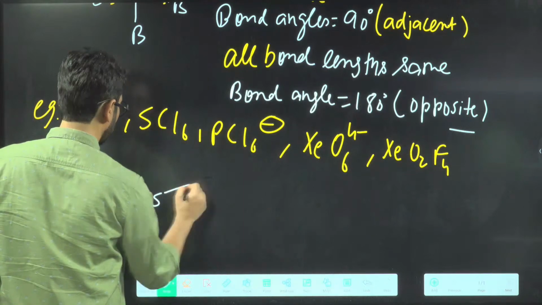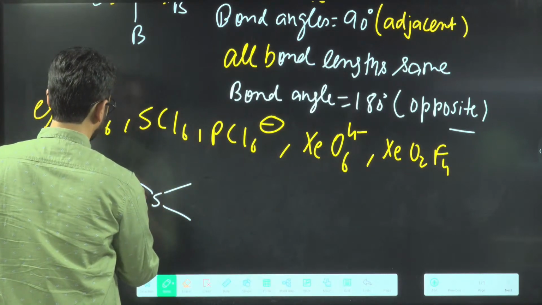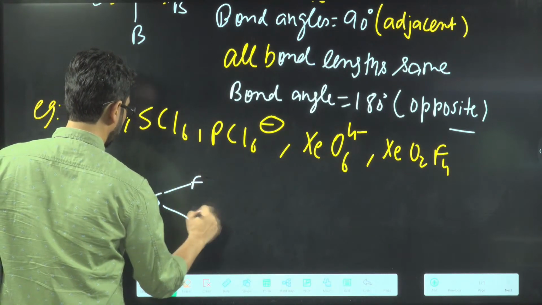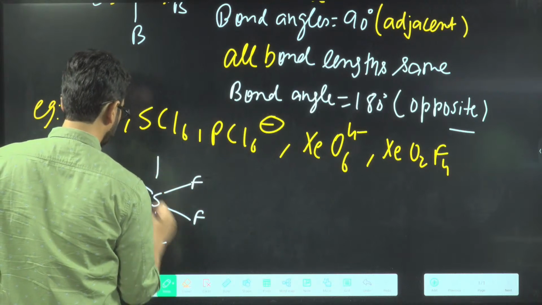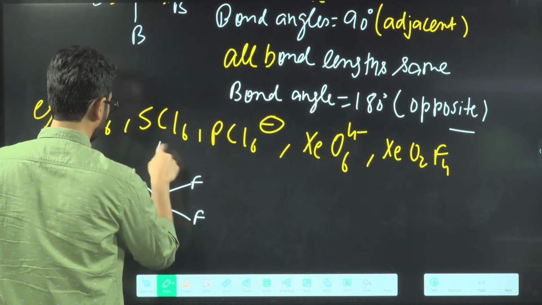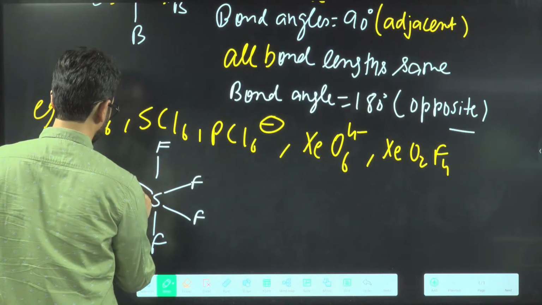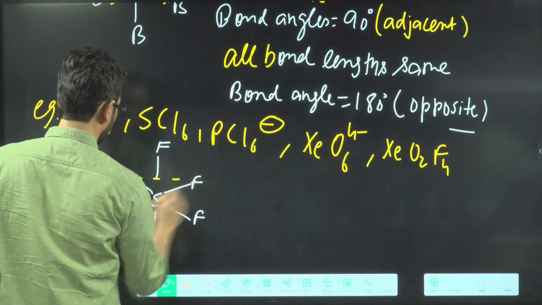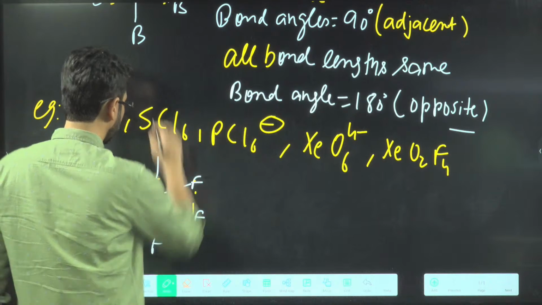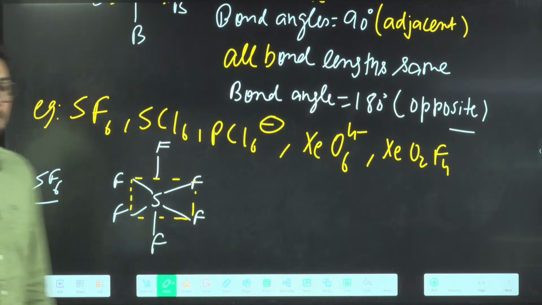Central atom sulfur with 4 fluorines in the same plane, one above the plane, other below the plane. That is the structure of SF6. These are in the plane with the sulfur, other is above the plane and below the plane.